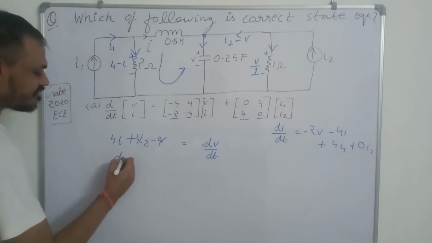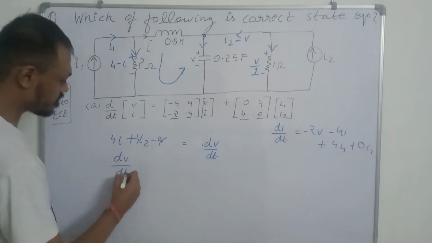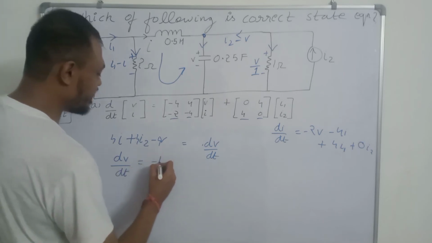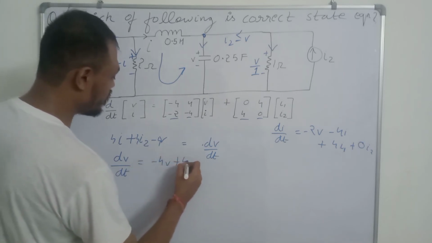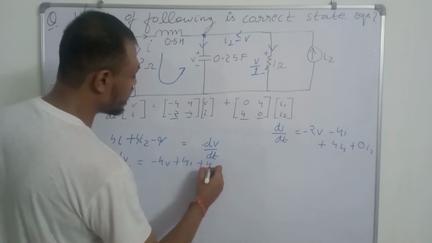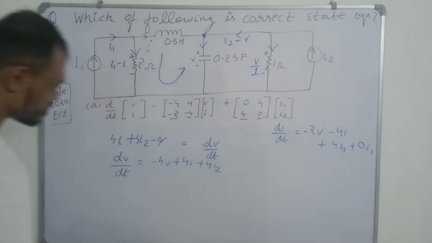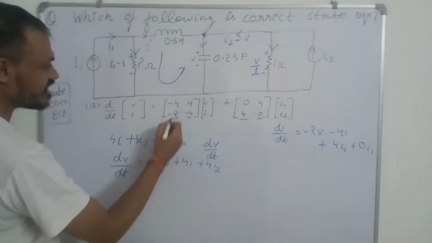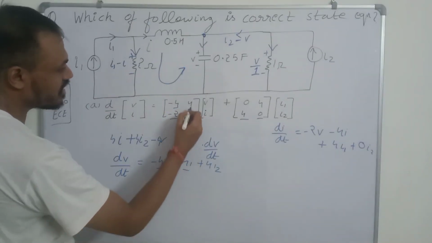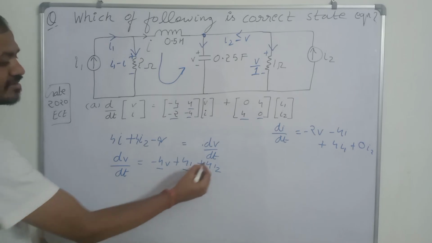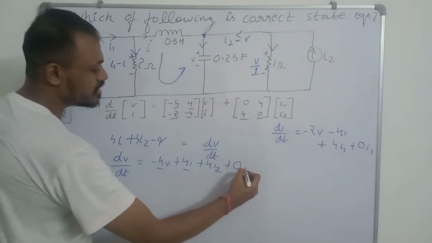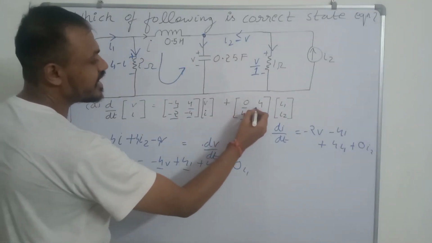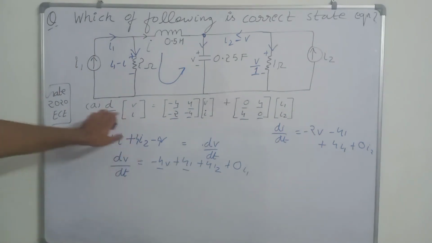So dV by dt is minus 4V plus 4I plus 4I2, and plus 0 I1 obviously. So this is the state matrix representation for this network.